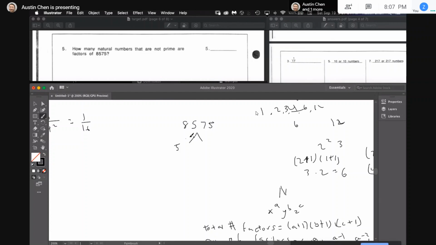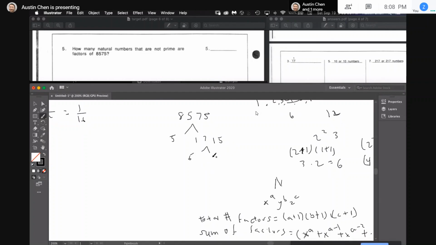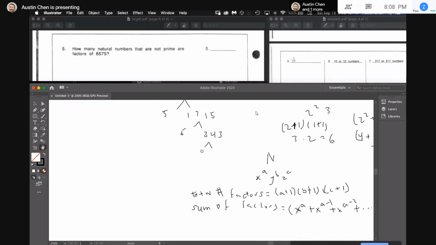So we're going to need a prime factorization first. Divide this by 5, you're going to get 1715. You can get another 5 out of it. Divide that by 5, you'll get 343. And then 343 is going to be 7 cubed, I think.